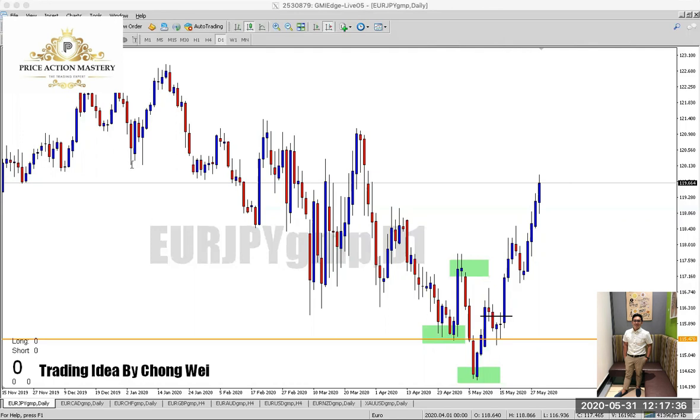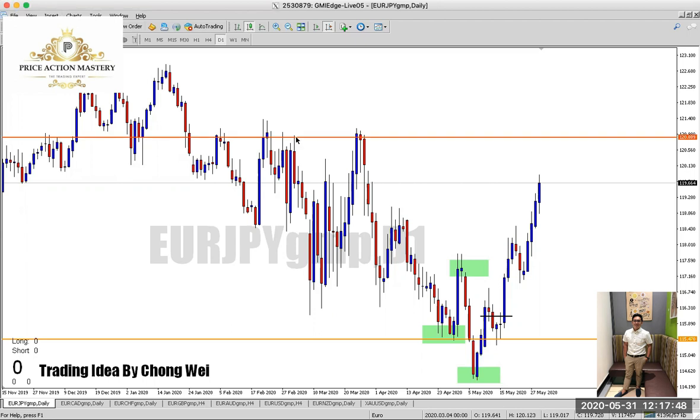Okay, so for euro JPY we can see basically a strong uptrend. Basically the market has changed to an uptrend. So where the market wants to head, it is heading to this critical area. This is the key line level.